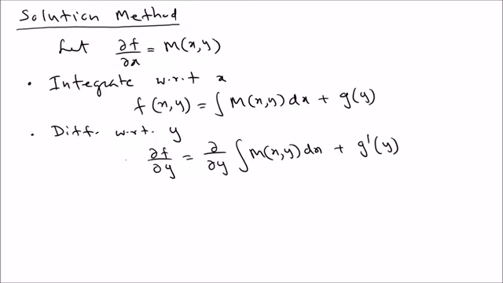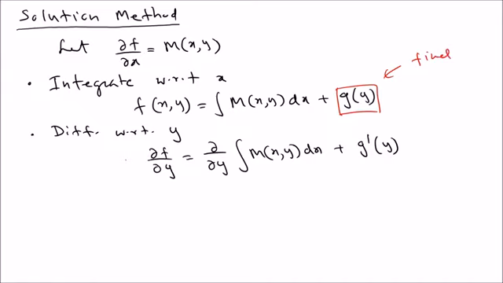We don't need partial derivatives there. Now we can solve for g(y). The goal is to find this. That's the only thing we don't know. That's the goal.